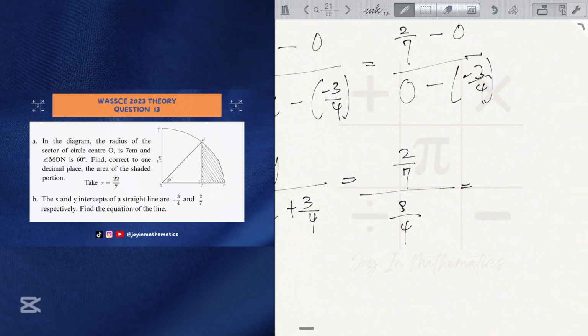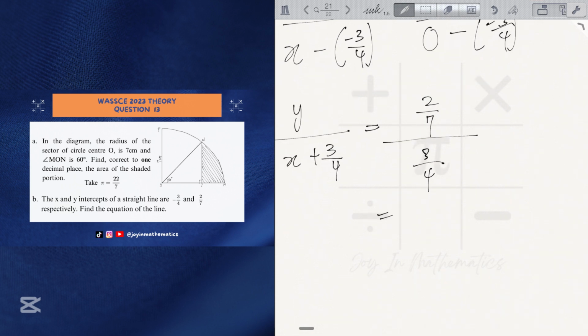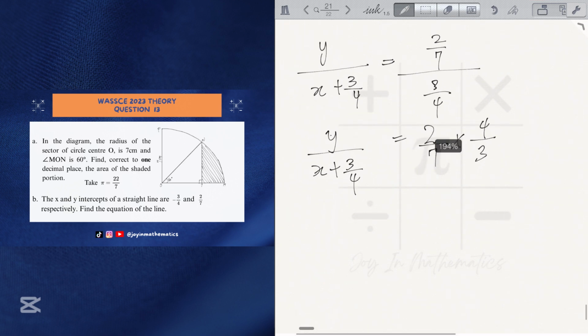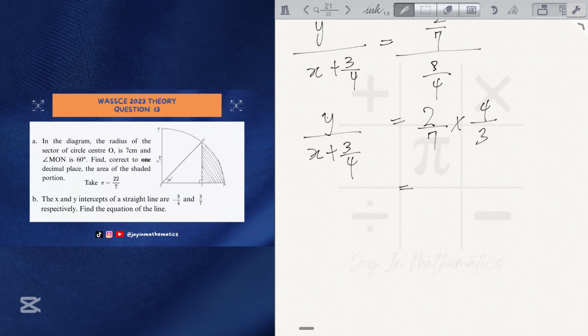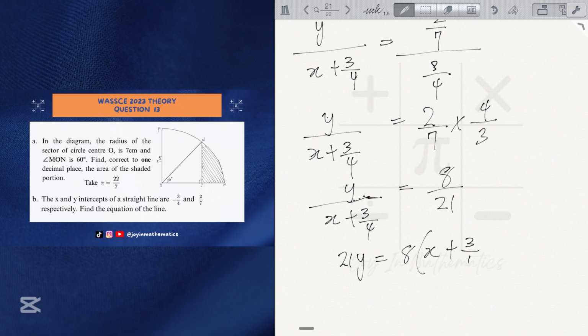So on the right hand side, we will have this to be 2 over 7 multiplied by 4 over 3, and this is y divided by x plus 3 over 4. So if we multiply this out, we will have 8 divided by 21, and this will be y divided by x plus 3 over 4. So let's cross multiply. Now we'll have 21y is equals to 8 into x plus 3 over 4.